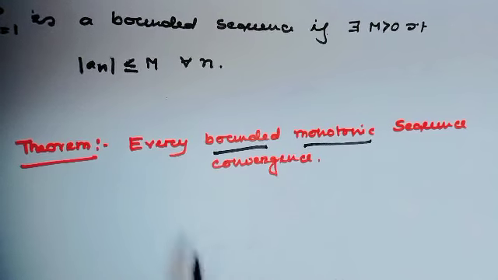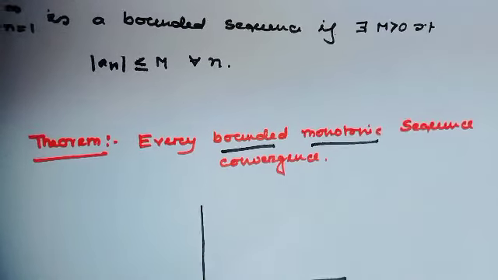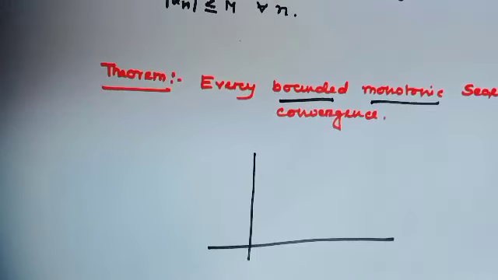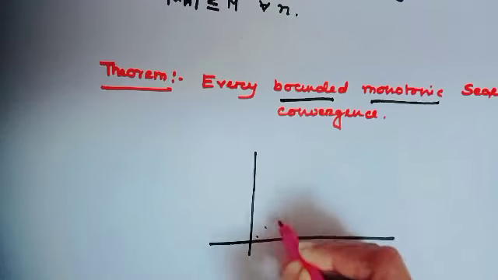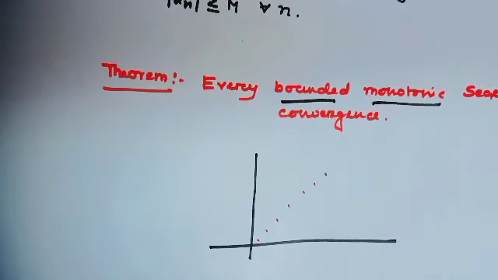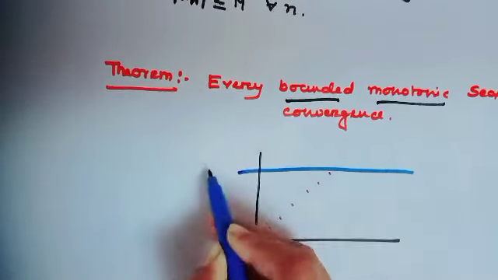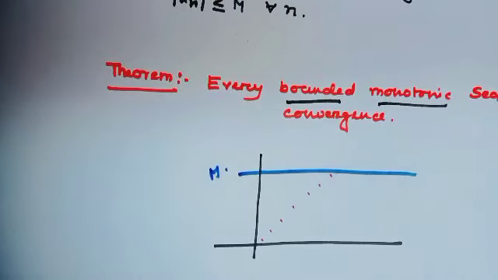Let's see the graph. Suppose the sequence is an increasing sequence. That means it goes above, and since the sequence is bounded, that means it has a bound m.